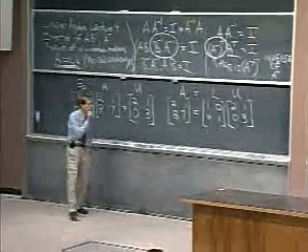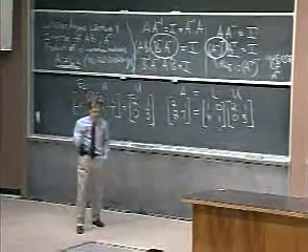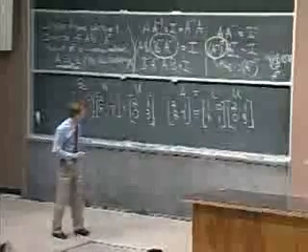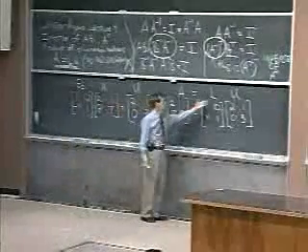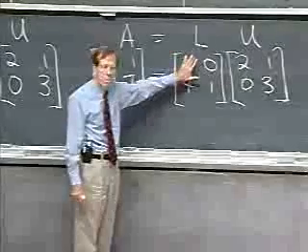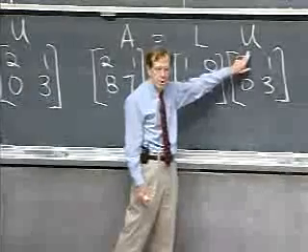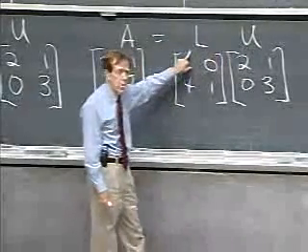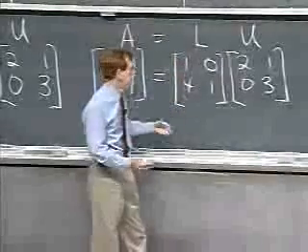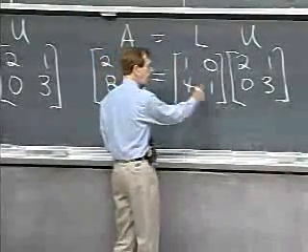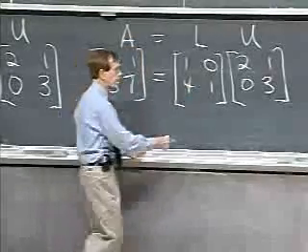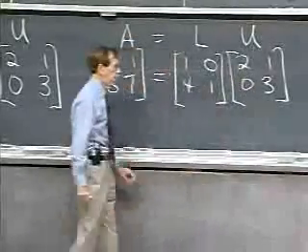But it already shows the form that we're headed for. So what does the L stand for? Why the letter L? If U stood for upper triangular, then of course L stands for lower triangular. And actually it has 1s on the diagonal, where U has the pivots on the diagonal.